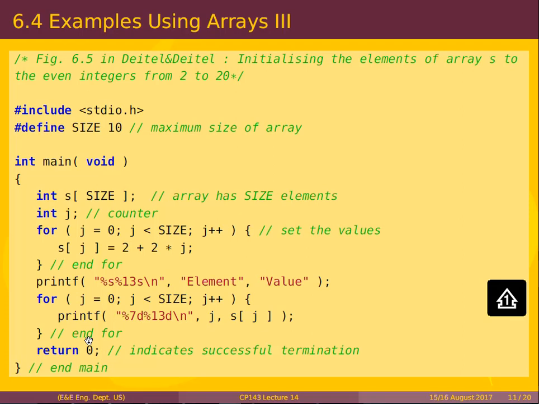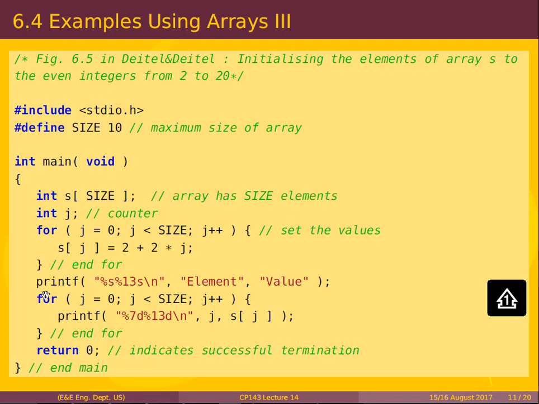Okay. So the first for loop just initializes the value. All right? So over here, we've got Sj, and we set its value. Each of the elements we are setting to this over here. It starts off at 2, and then it counts. 2 plus 2 is 4. 2 plus 4 is 6, and so in steps of 2, right? So this just sets this array, Sj.